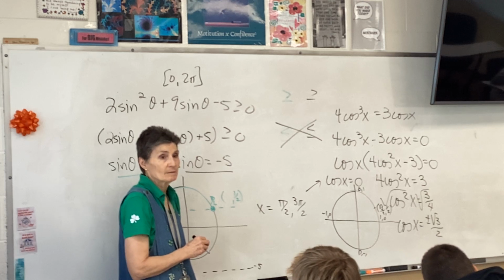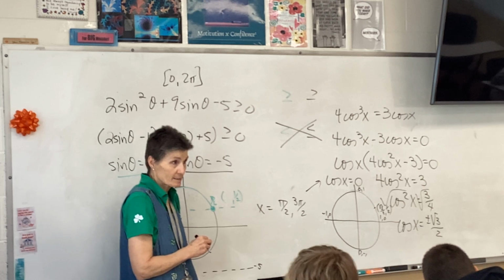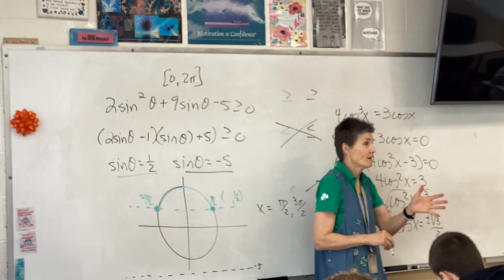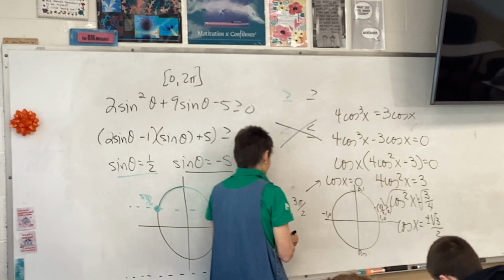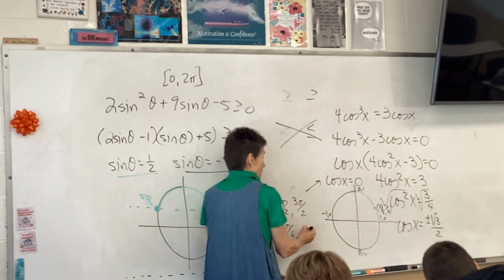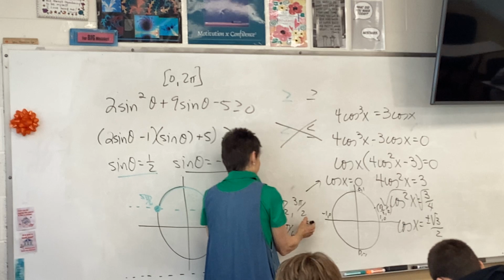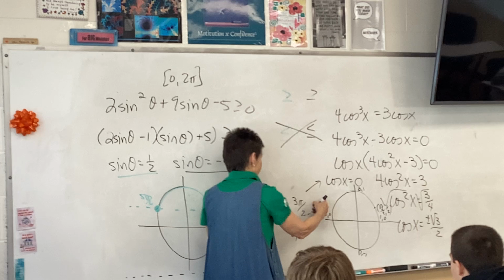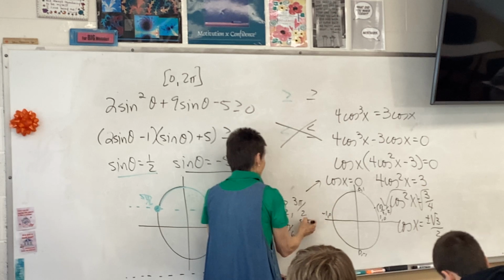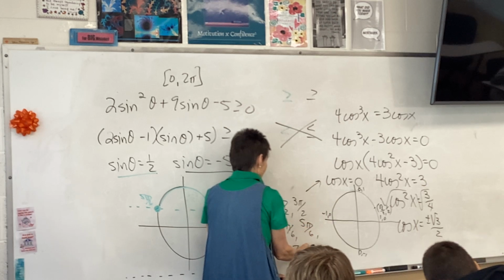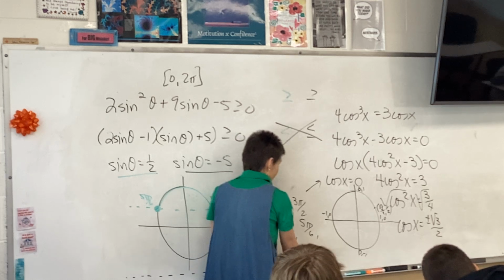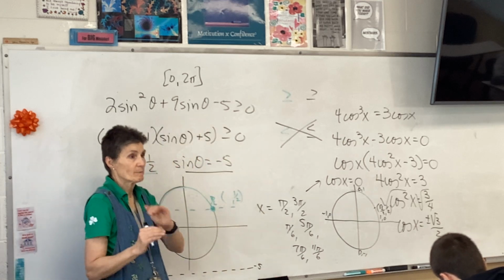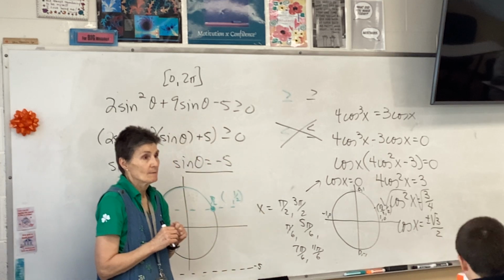How big is that? Pi over 6. But since it's plus or minus, it is all the pi over 6s. So that would be pi over 6, 5 pi over 6, 7 pi over 6, and 11 pi over 6. No shading, just list your answers because it's an equals.